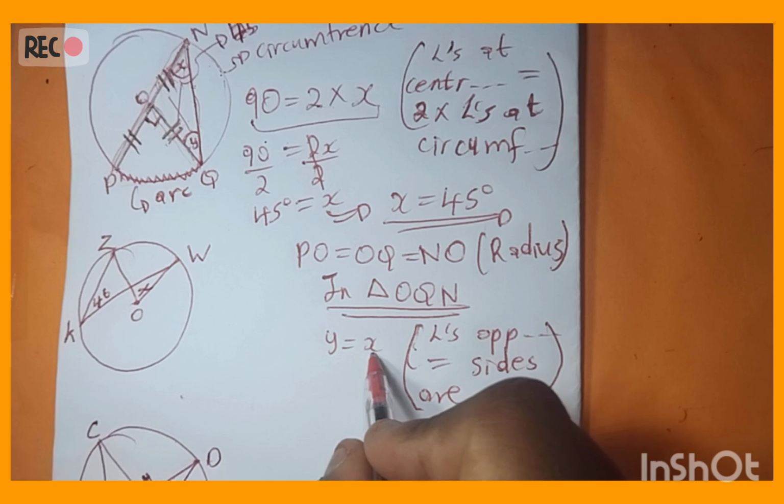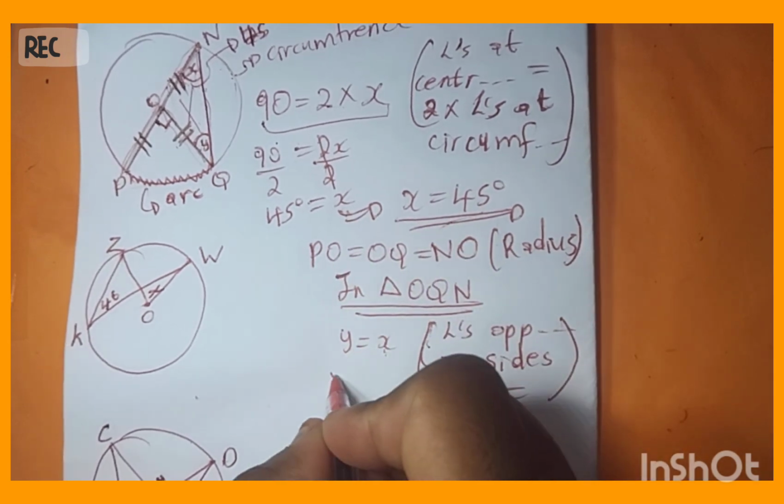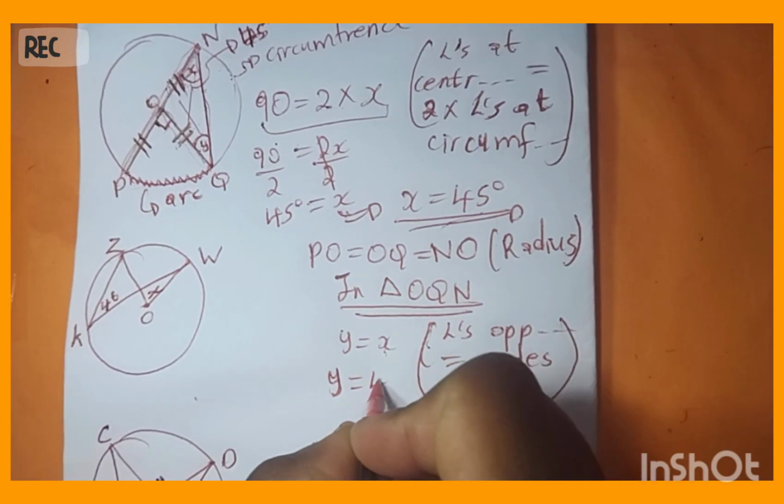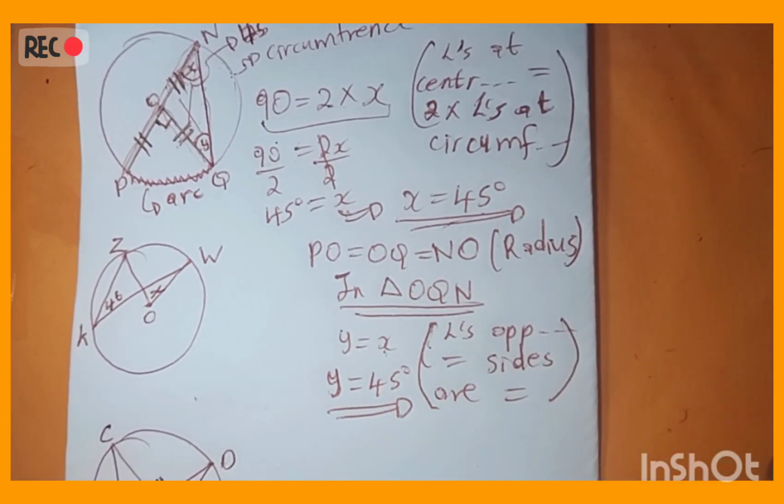And now I know the x value is 45, meaning the y value is supposed to be 45, because x and y are equal. So you can even take a screenshot, guys, and try to analyze this by yourself. This is straightforward.